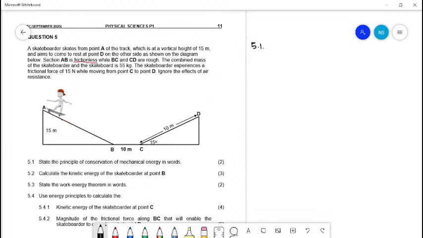To state the principle of conservation of mechanical energy.